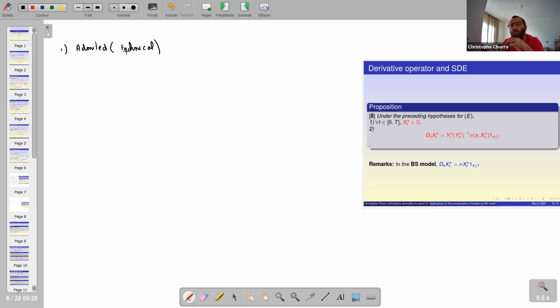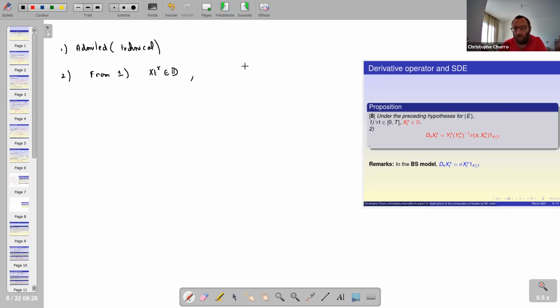Okay, so for some of you, you will see this in one of the projects that I will give to you. I will focus now on the way I obtain the value for the derivative operator. So I suppose that X_t of small x belongs to the domain. So from the result that I have admitted, X_t of small x belongs to the domain.